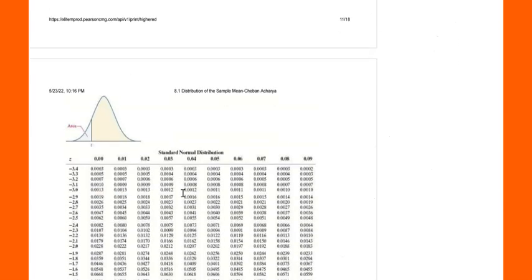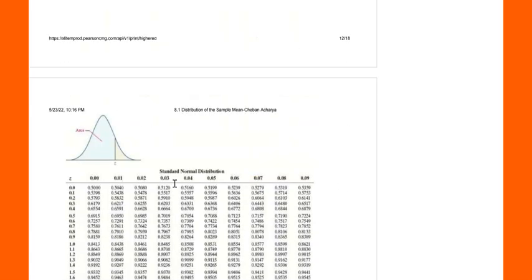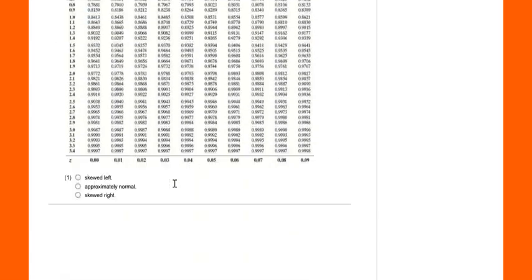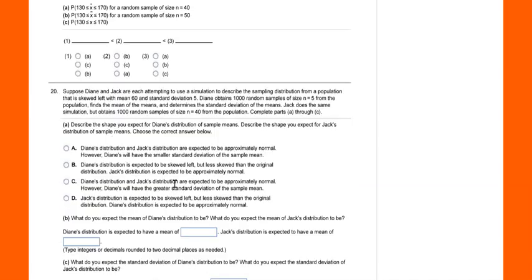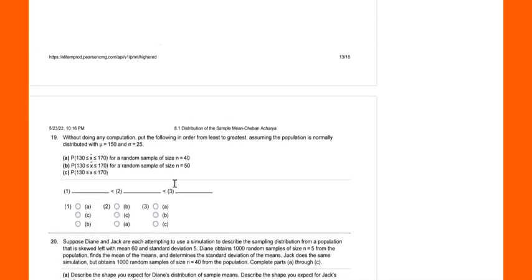Okay, all right, now we have a last question here, not the last, I think it's question 19 here. Without doing any computation, put the following in order from the least to greatest, assuming the population is normally distributed with mean 150 and standard deviation 25.